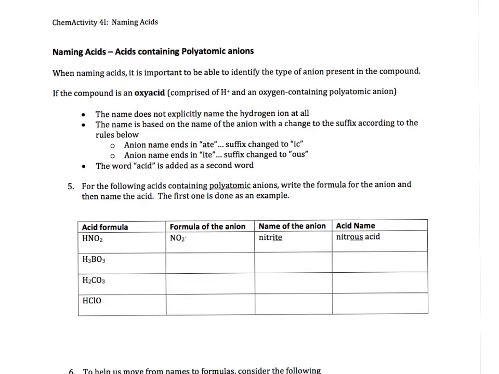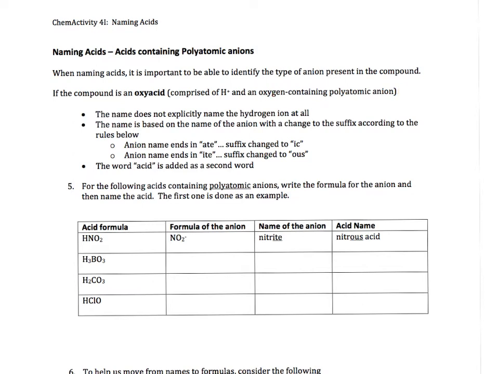Now, on the previous page we learned how to name acids that had simple anions. There's another class of acids that we need to be able to deal with, and those are called oxyacids, and they are comprised of H plus as your cation and an oxygen-containing polyatomic anion.